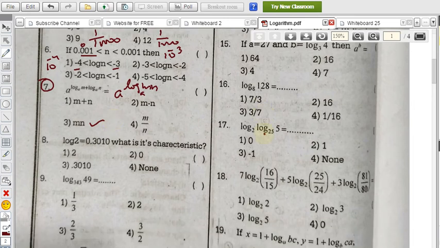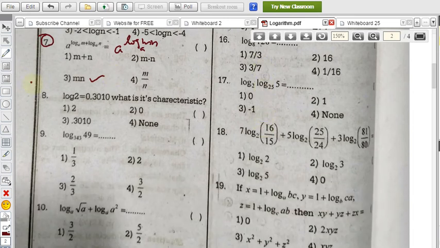Next, the characteristic I mentioned, right? The eighth one: log 2 is equal to 0.3010. What is its characteristic? Characteristic means the integral part, and mantissa is the decimal part.